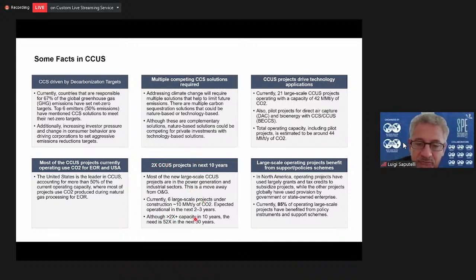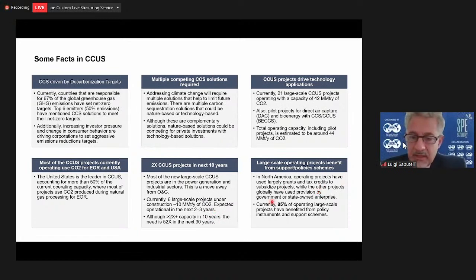However, if we want to get close to the 3,500 million tons for scope 1 and 2, how many projects do we need? We need about 52 times in the next 30 years. So if we want to achieve the carbon emissions reduction in the next 30 years just by carbon capture, we're going to need about 52 times the number of projects that we have today.